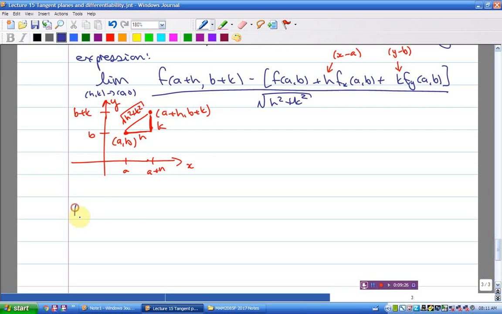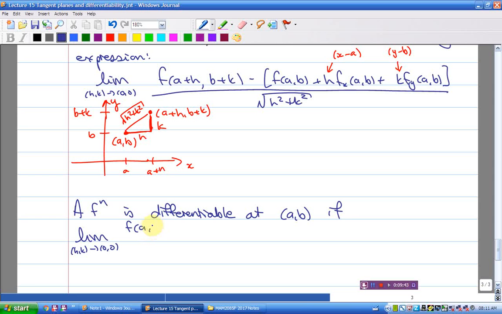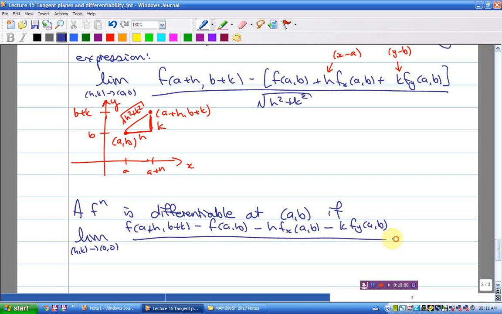And we say a function is differentiable at (a, b) if the limit, this limit that I've just written and I'm about to write again, of f(a plus h, b plus k) minus f(a, b), minus h times the x derivative, minus k times the y derivative, all over that little distance in the domain, equals 0.